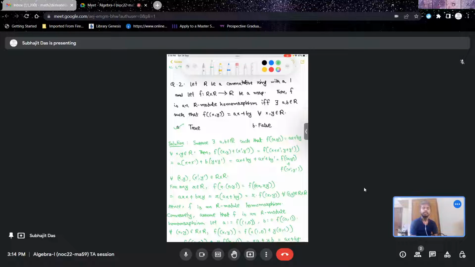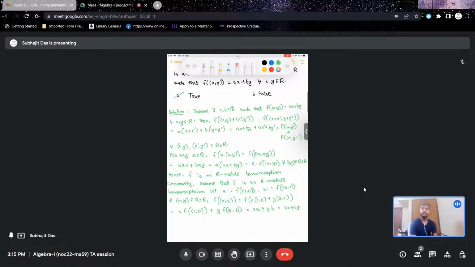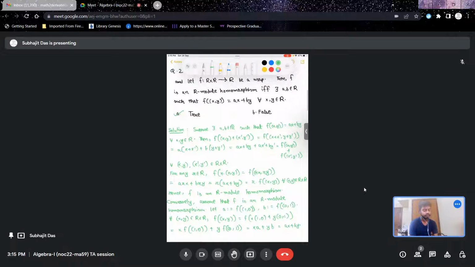So this is the universal property of a free object: an object being free on a set means that for any object of the same kind and any map from that set into this new object, any such map can always be extended to the entire free object. So that is what is happening here. 1 0 and 0 1 is precisely an R basis of R cross R.